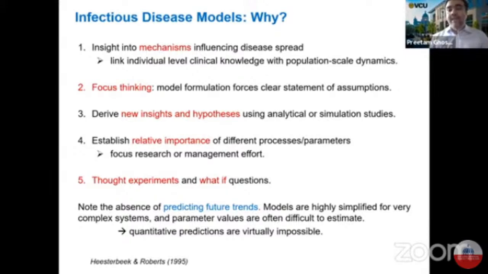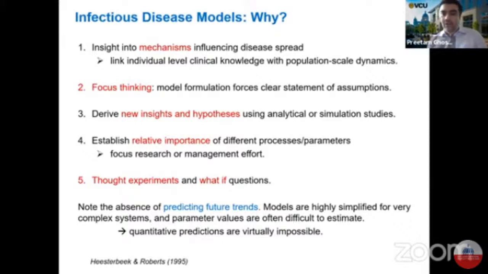And then these parameters can then be put together into large-scale population dynamics level models, right? So that's the primary goal of these types of modeling activities, be able to use individual level clinical knowledge and then project it over population scale dynamics. It also helps us in focused thinking. Whenever somebody is proposing a model, it's very important to talk about the assumptions.